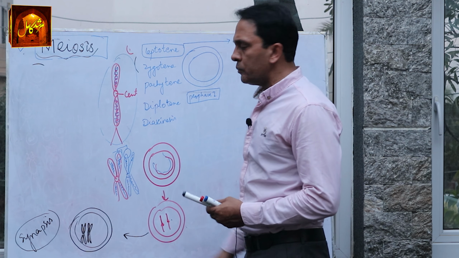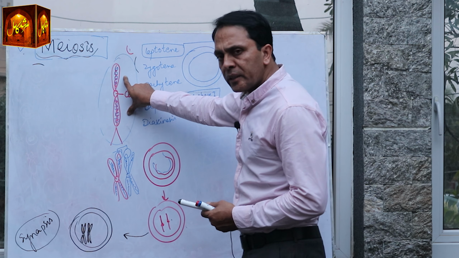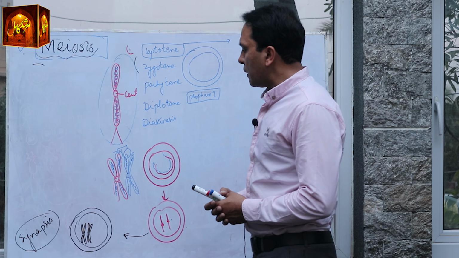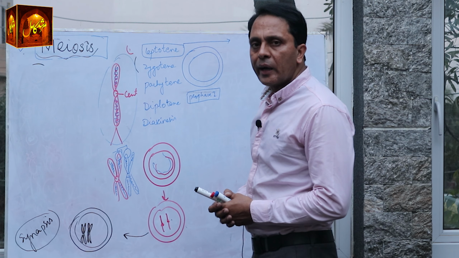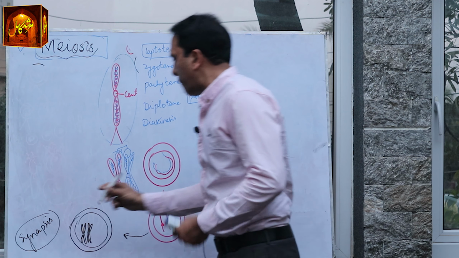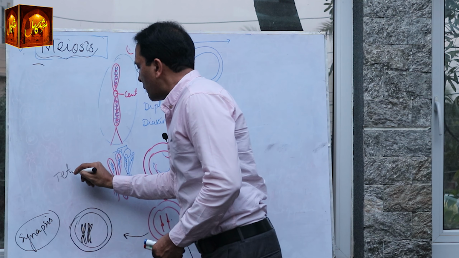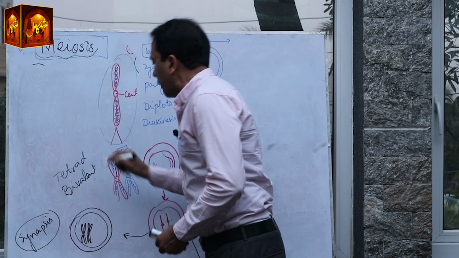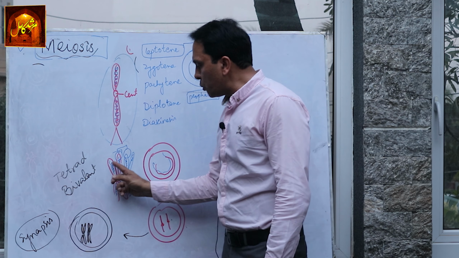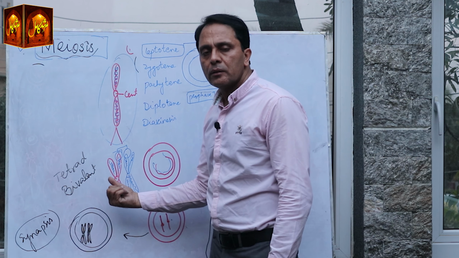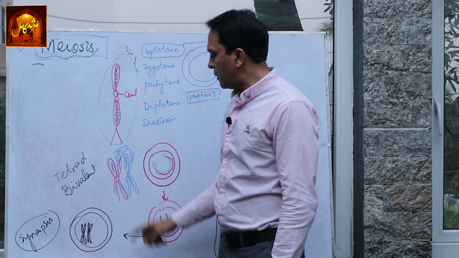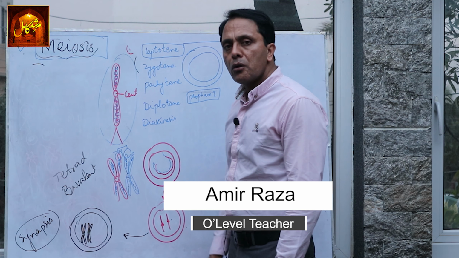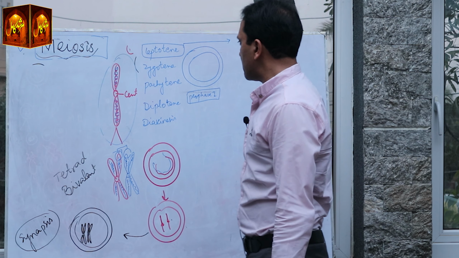Each chromosome first had one chromatid, and right now it is provided with two chromatids, and here it will be called a tetrad or bivalent structure. We discussed that two chromatids in the same chromosome are sister chromatids, but with respect to the other chromosome they will be non-sister chromatids.